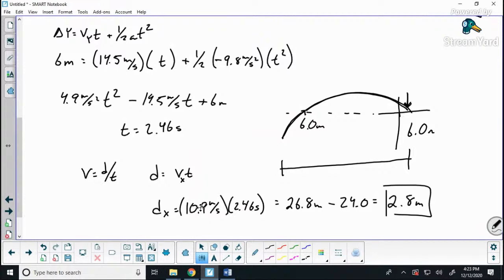So now we can take the velocity in the x and say over that 2.46 seconds at a velocity of 10.9 meters per second, how far would it have traveled? That's my 26.8 meters. If it sees the building at 24 meters, then that means it will go 2.8 meters beyond the edge of that building. And that's what part C was asking.